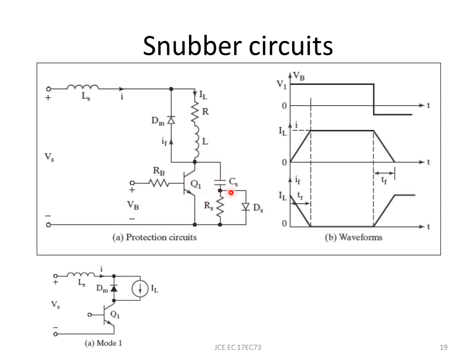What is the function of this capacitor? Whenever a capacitor is charging, it will take some time to charge. It will not charge instantaneously. That means the voltage developed across this capacitor will take a certain time, so dV by dt is limited if I connect a capacitor here. Because this capacitor is in parallel with the transistor, it will not allow more than the specified dV by dt to come across this particular transistor.